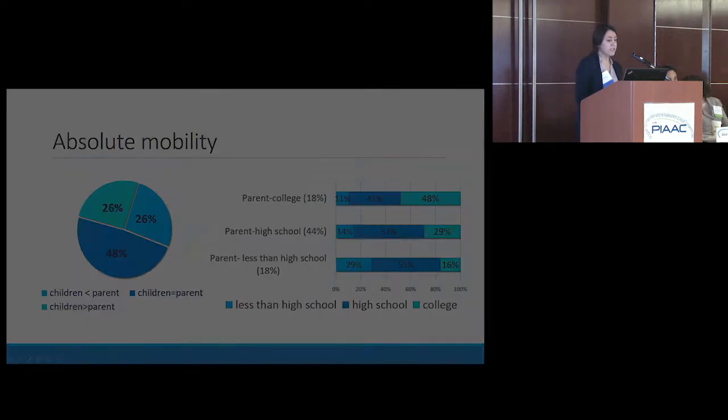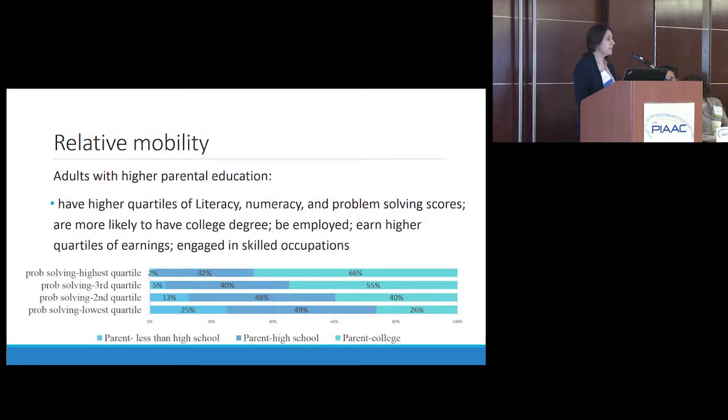This slide is relative mobility, which is the association between parental education and different outcomes of their children. The graph is just for one of the variables, but results are pretty similar across different variables. So you see that as problem solving increases from the lowest quartile to the highest quartile, the proportion of individuals with a college degree increases from 26% to 66%.